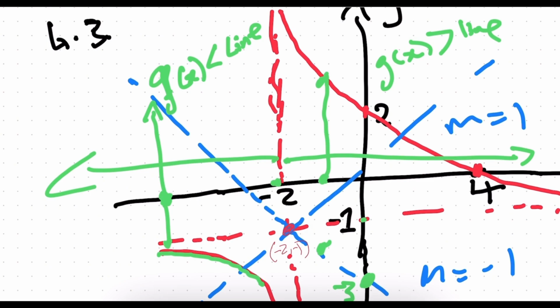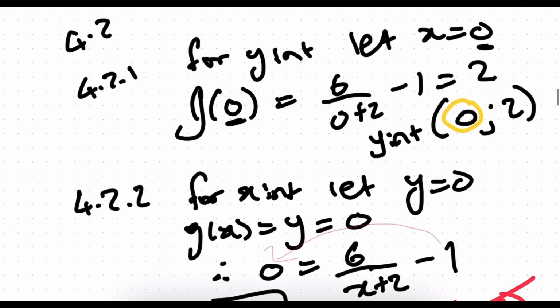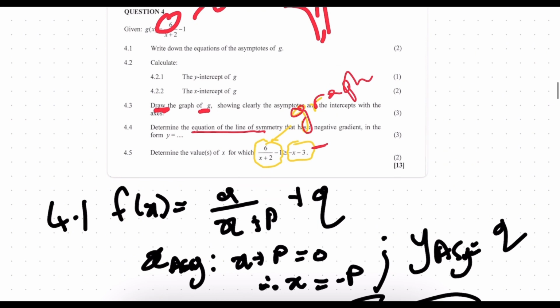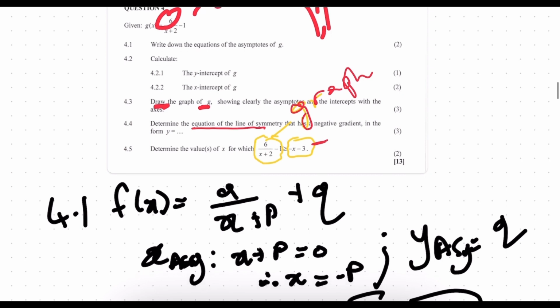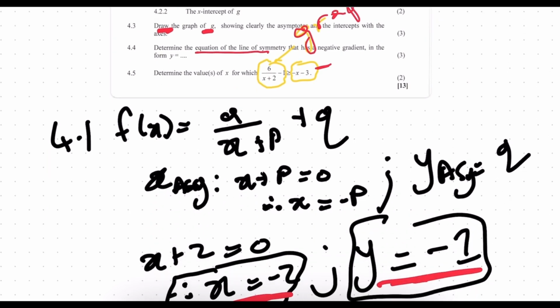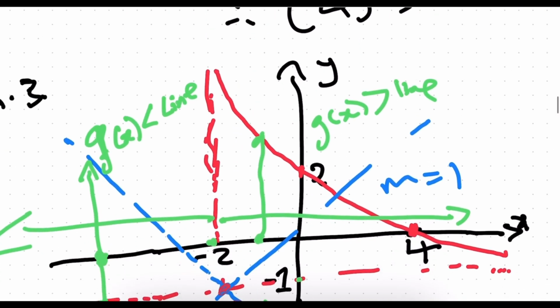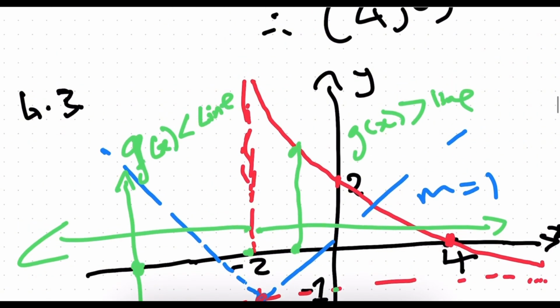But the question is asking for which x values is your graph greater than or equal to the line? In my humble opinion, I think this question was not phrased correctly. They should have said greater than, because there is no point where your graph is equal to the line. Your graph doesn't touch this point.